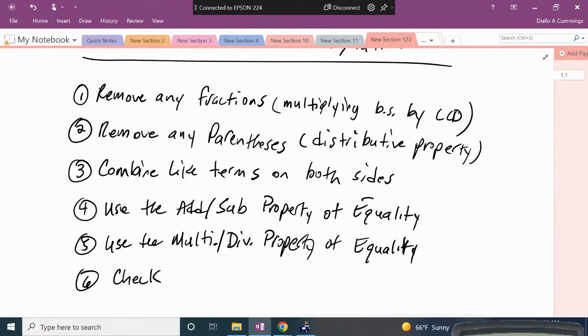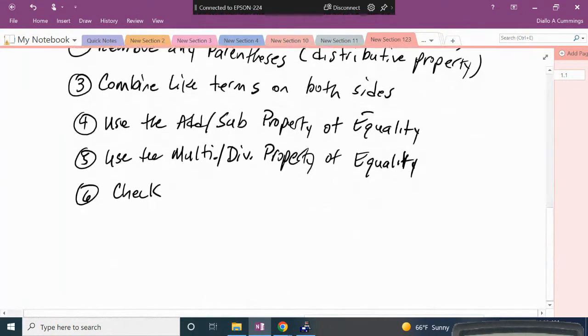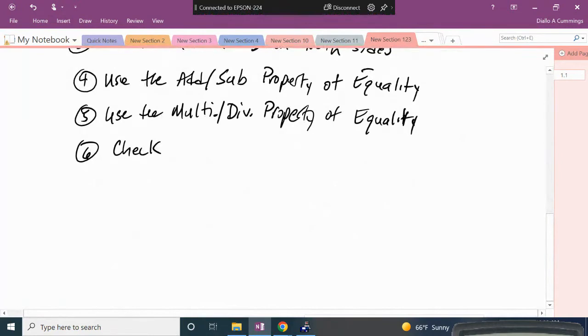All right, so here is the first example. Here we're just asked to solve 12 minus 4 times the quantity x plus 4 is equal to 3x minus 6.